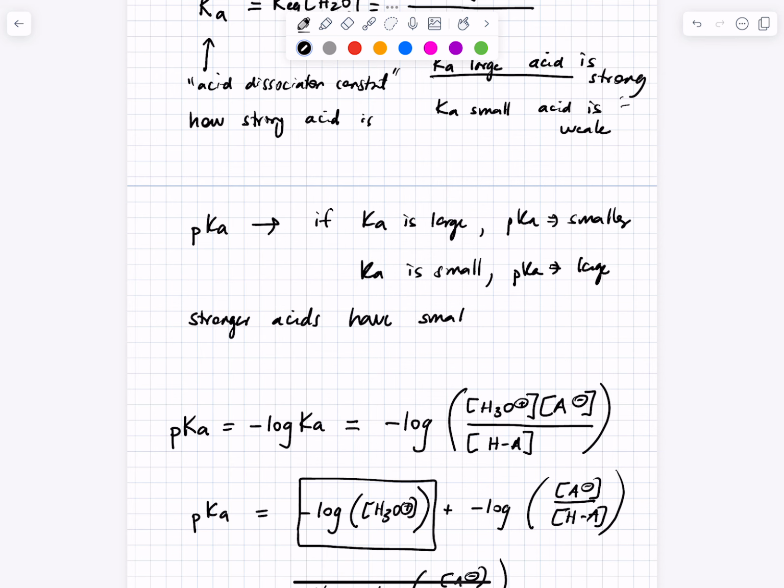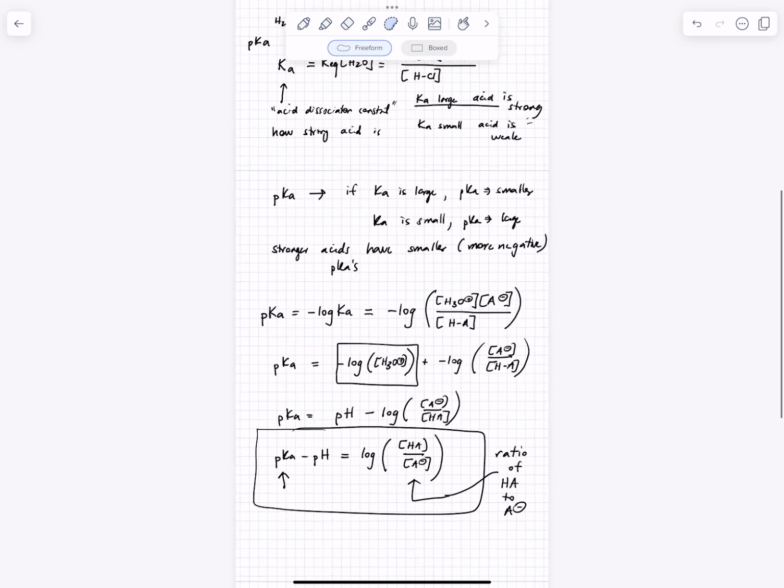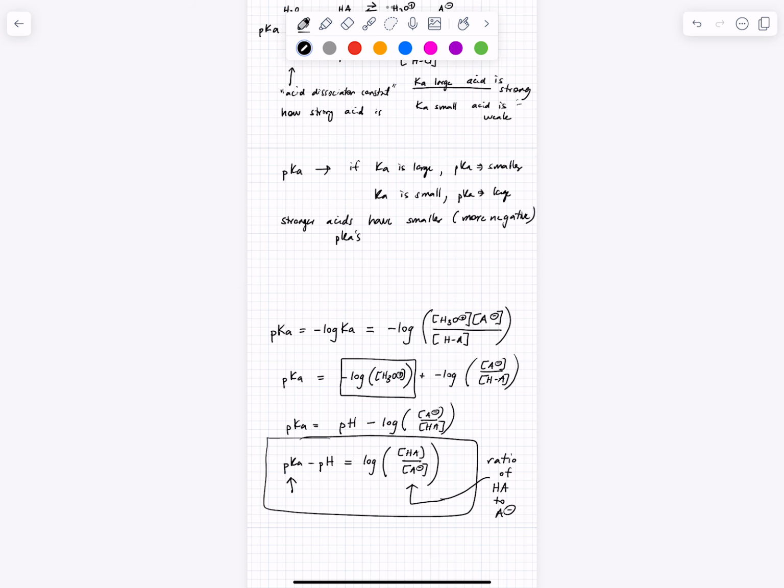have smaller pKa's, and by that I mean lower in magnitude or more negative, because there are acids with negative pKa's. Stronger acids have smaller or more negative pKa's.